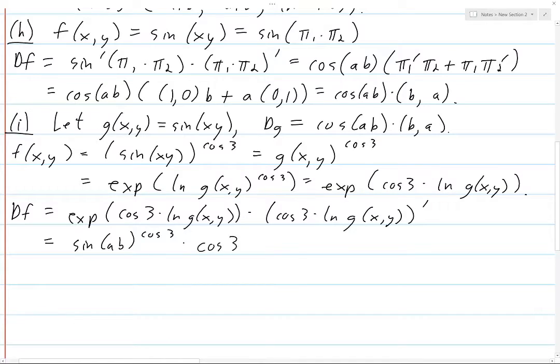Then we take the derivative of natural log of g. So using the chain rule, that's 1 over g of xy times the derivative. So I'll just write this as dg of xy. And of course this is dg of xy evaluated at the point ab.